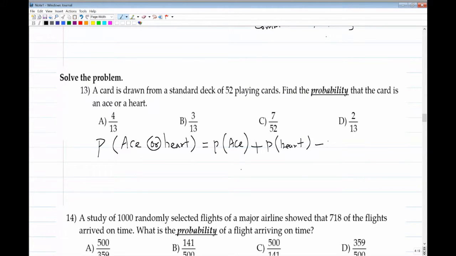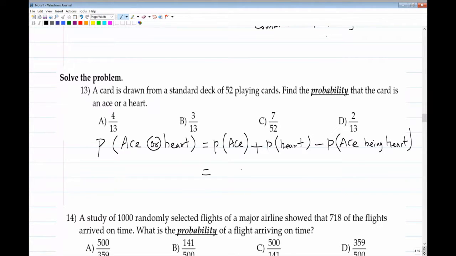Then we're going to subtract the probability of any ace that is heart. So ace and heart, and that's what the and goes right here.